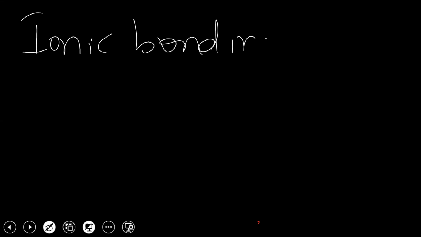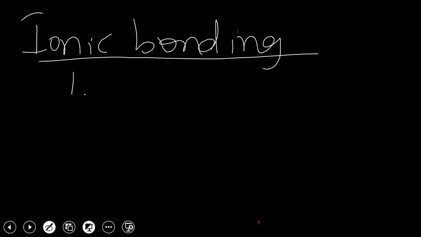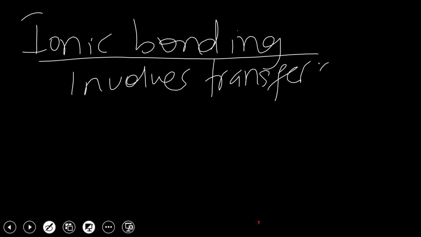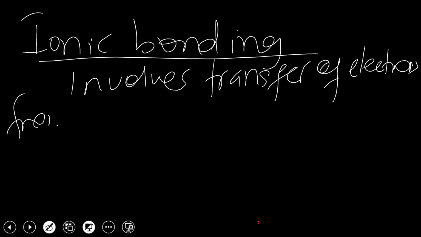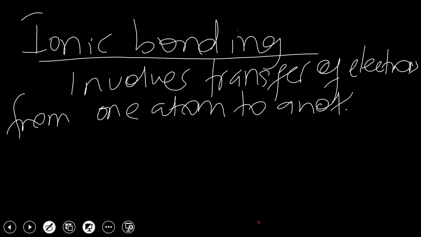The difference between ionic bonding and covalent bonding is that ionic bonding involves a transfer of electrons from one atom to another to form a stable configuration.